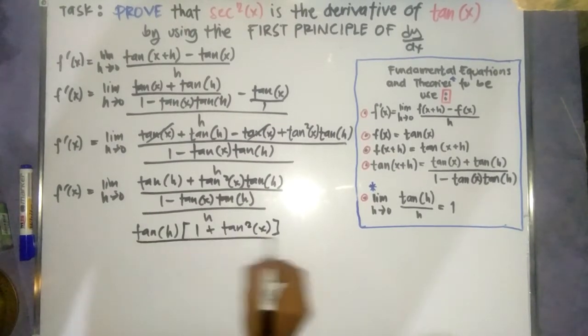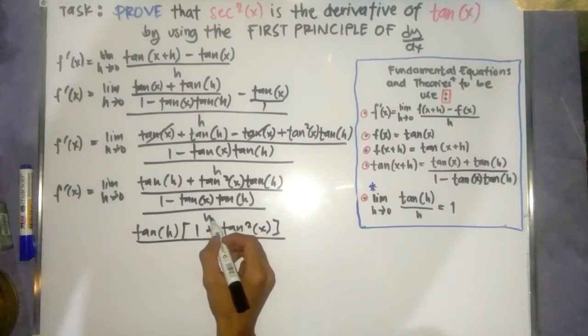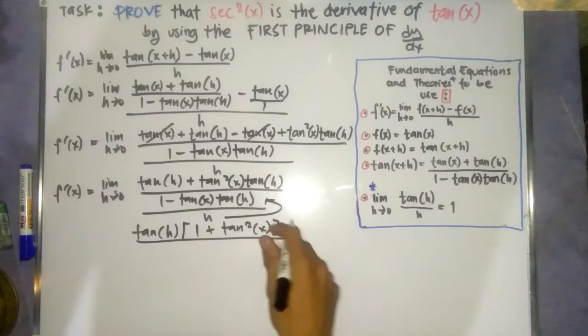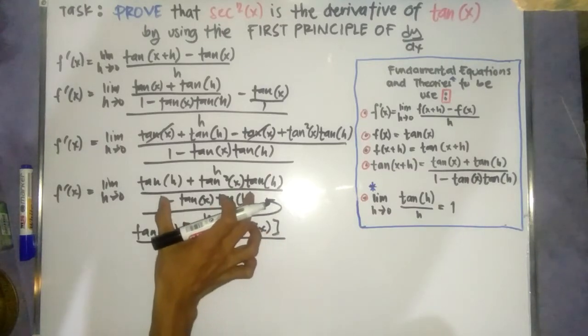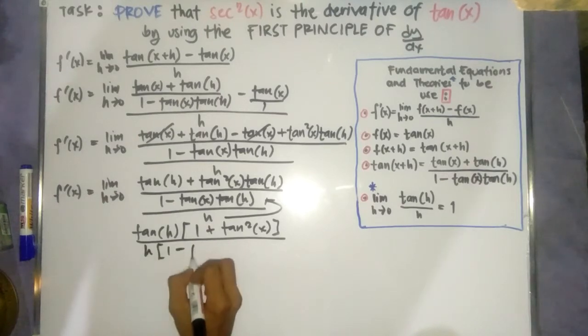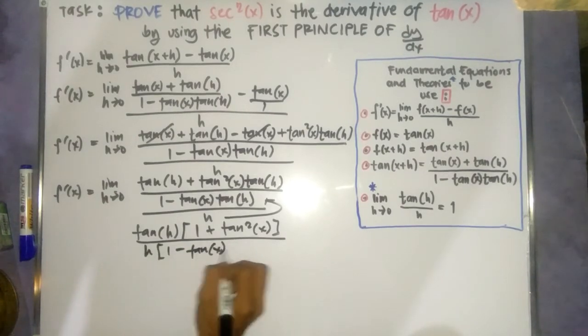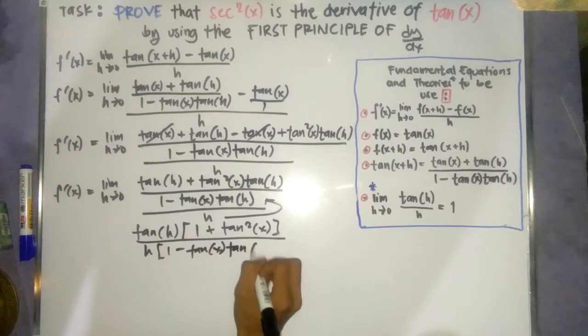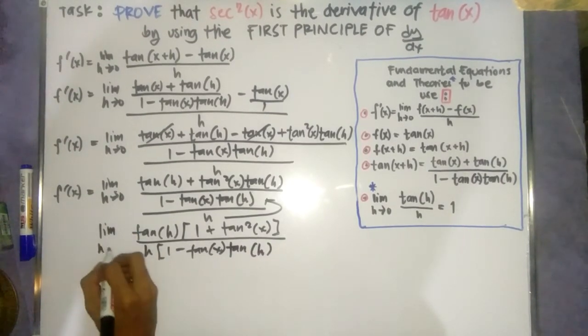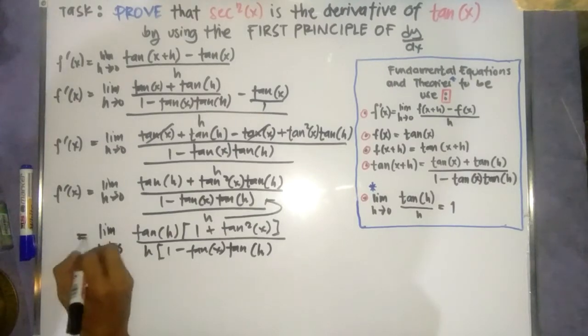Okay? All over, eto, diretso na to. Itong h na to, i-move lang natin dito sa denominator nito. So, h times the quantity 1 minus tangent x times tangent h. So, wag natin kakalimutan yung limit na isulat.